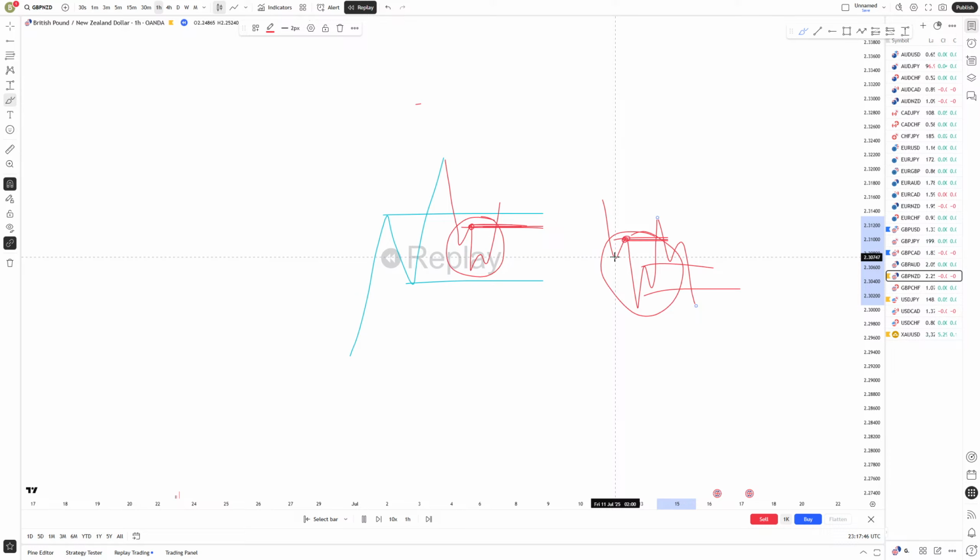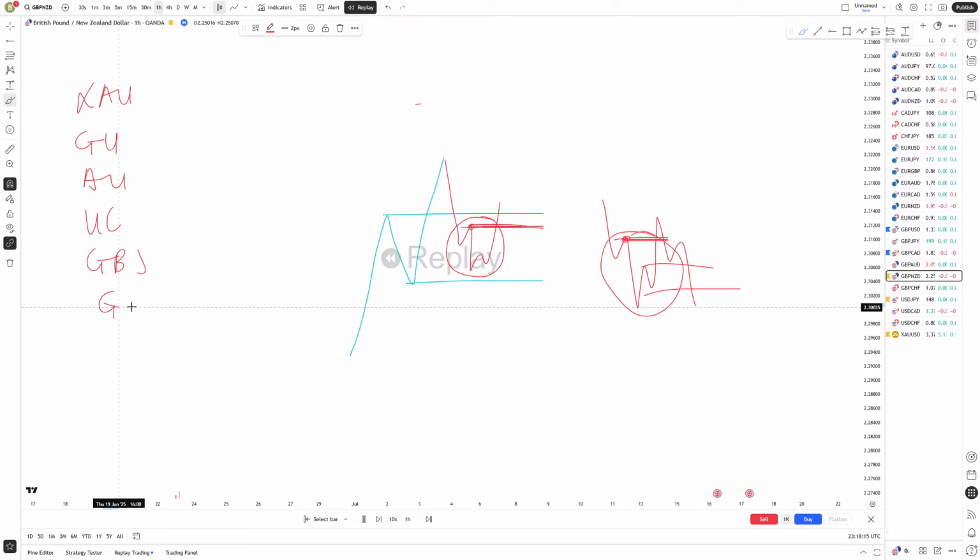Can you name the pairs that entry type 2 works best on? EUR USD, GBP USD, AUD USD, USD CAD, GBP JPY, GBP CAD, GBP AUD, I mean.